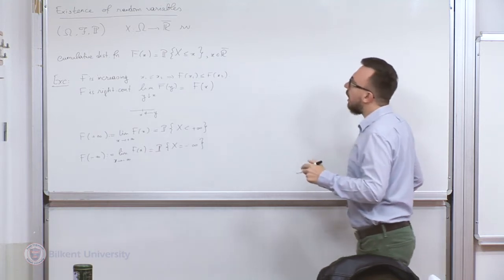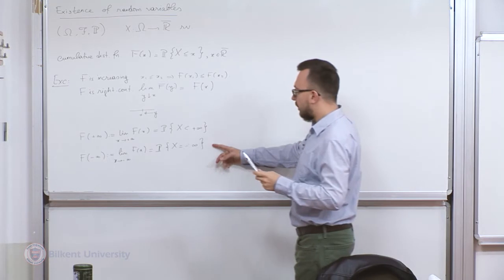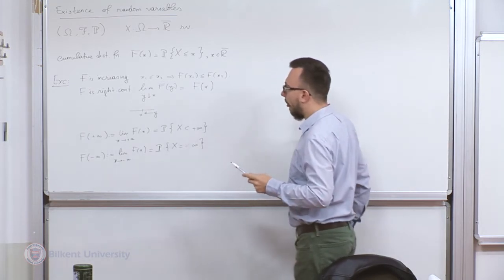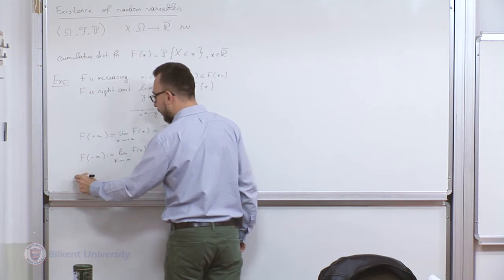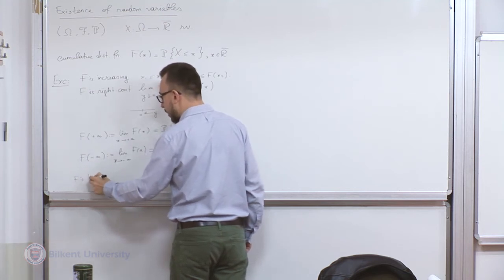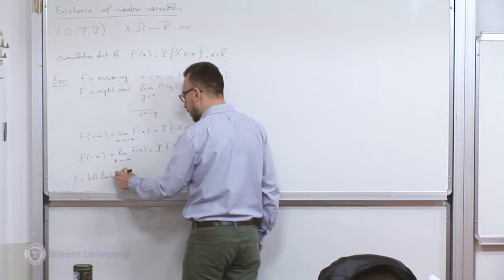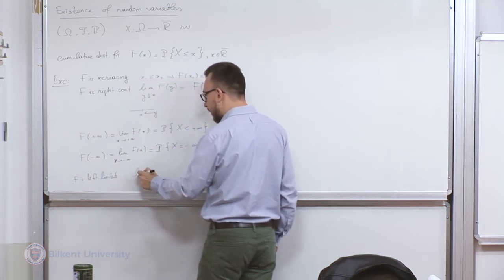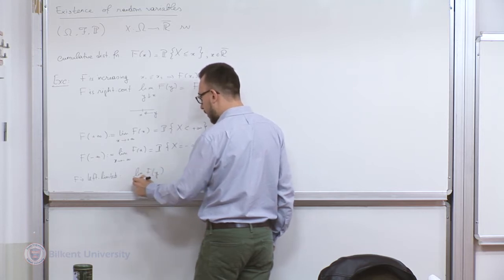So if X is real valued almost surely, then this is 1 and this is 0. And also this function F has left limits. So in other words, this left limit exists.